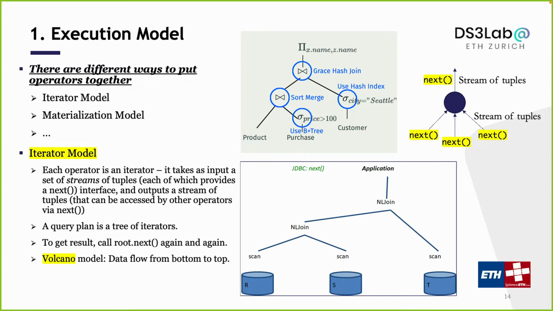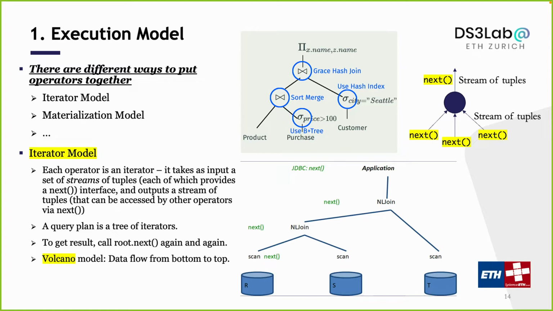What's going to happen, as you can imagine, is that we will call next down the tree. The root nested loop join operator will call next on its left child node, which is a nested loop join operator. And then that nested loop join operator is going to call, for example, the next function of the scan operator on the left.